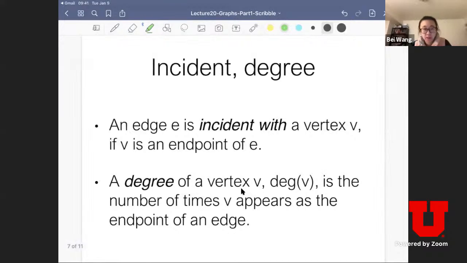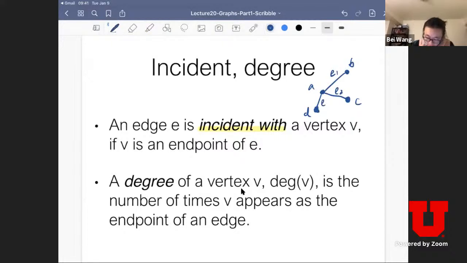Now, if you have a graph, there is a concept of what's called incident: an edge is incident with a vertex. For example, if this is my graph with vertex set A, B, C, and D, and an edge set with edges E1, E2, and E3, then edge E1 is incident to A. Same thing with E2 and E3.